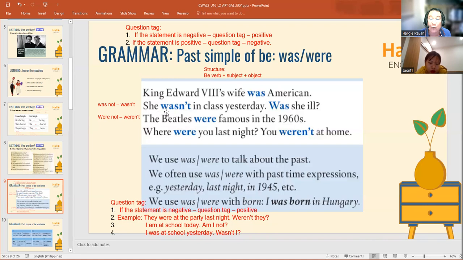This one is negative, so the question tag should be positive. If the statement is positive, you will do the question tag in negative.